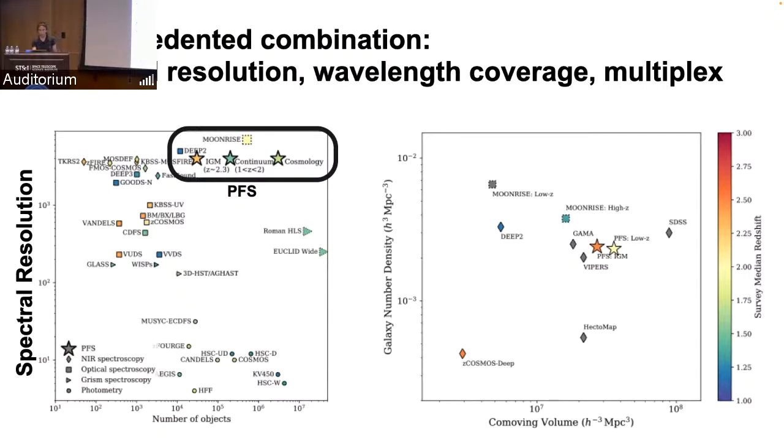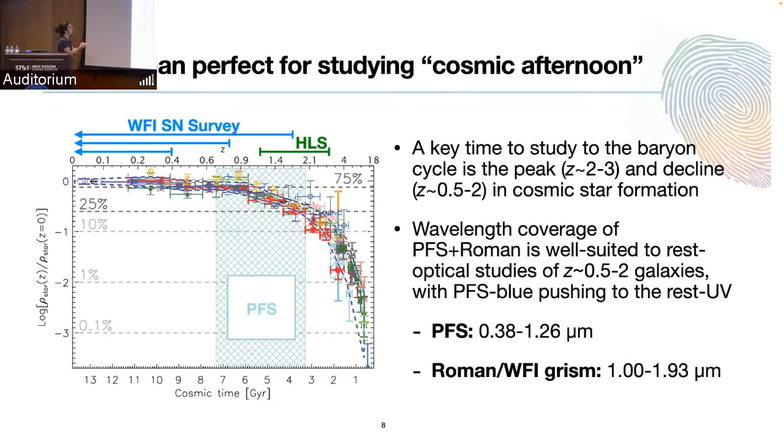So what would be super great is to also have the imaging and GRISM data in these fields from Roman, because there's just a lot more science that we can do, extending H-alpha out to the edge of our continuum selected sample. We will provide rest near UV, and Roman provides the H-alpha.